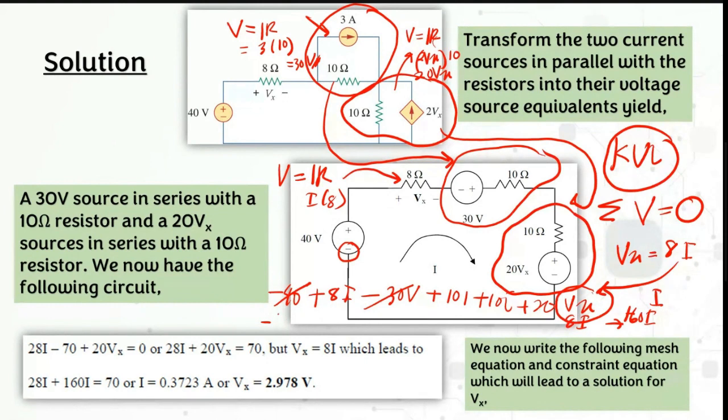So you will have negative 70 plus 8 plus 10 and 10, plus 160. How much did you get for this one, guys? 8 plus 10 plus 10 plus 160, you will get 188, right?